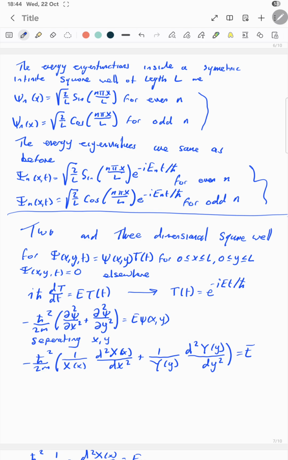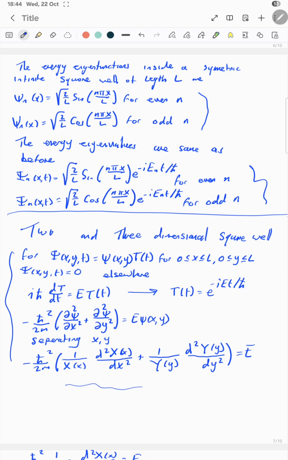2 and 3 dimensional square wells can be extended very easily from what we've already been through. We first separate the time from the x and y. This will give us the dimensions x and y plus t, and we go through separation of variables again.